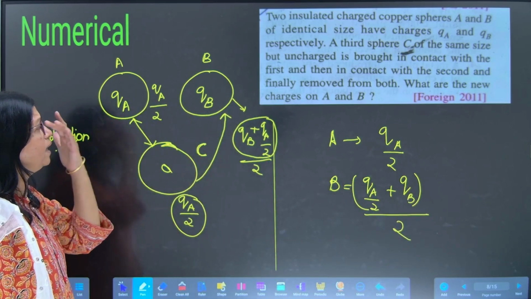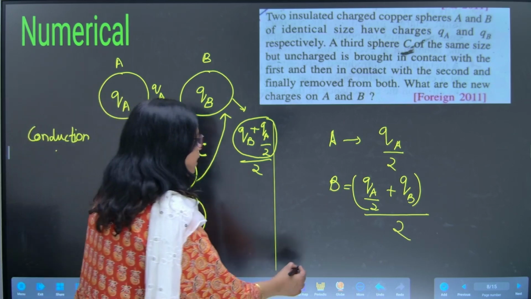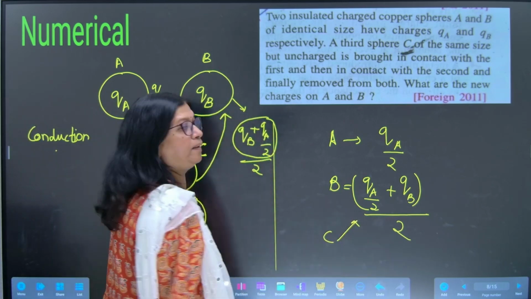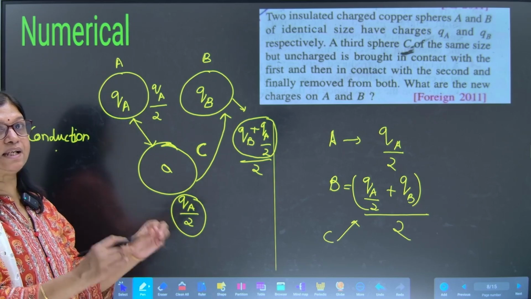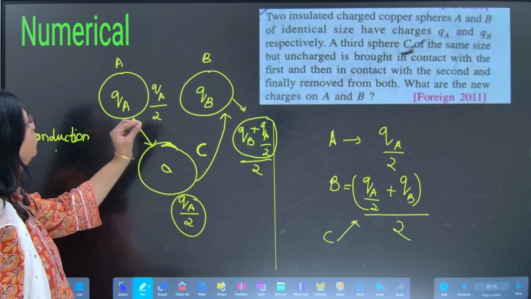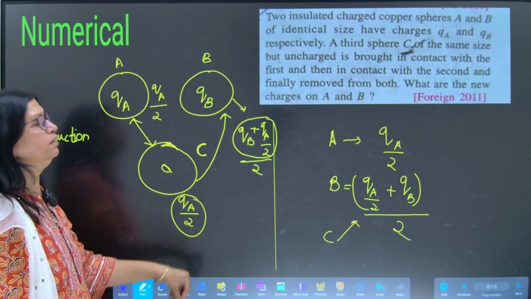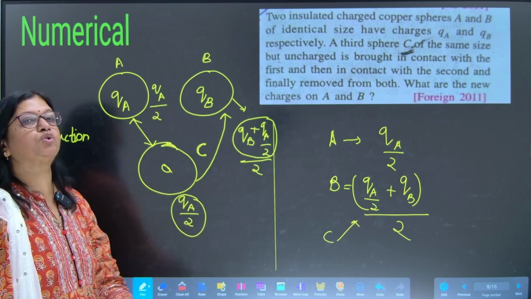They can also ask, which is not asked here, what is the charge on C? The charge on C is also the same, because in the end the sphere C was detached from both A and B. It took half charge from here, it took another charge from here, divided by 2.